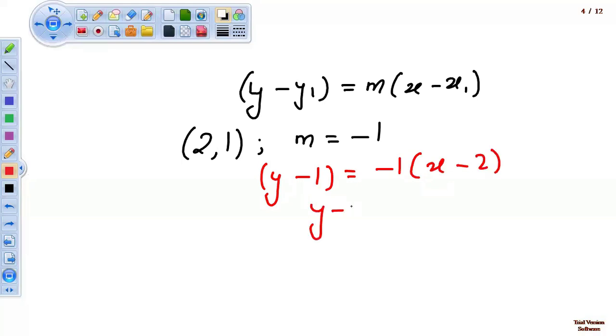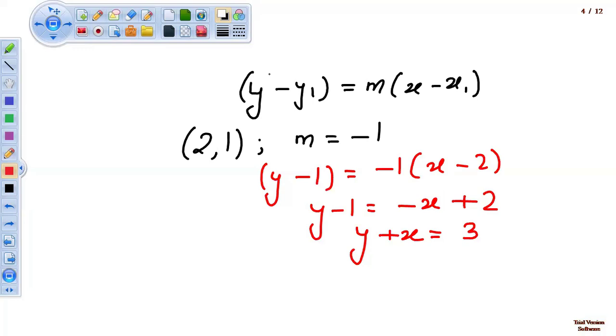So this would be y minus 1 equals minus x plus 2. So y plus x equals 3. This is going to be our equation of line. So this is how we can find the equation of line if 1 point and slope are given.